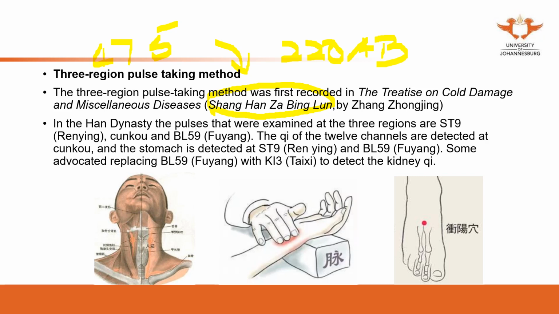In this book, it describes that we take three regions only. We don't take all over the body.